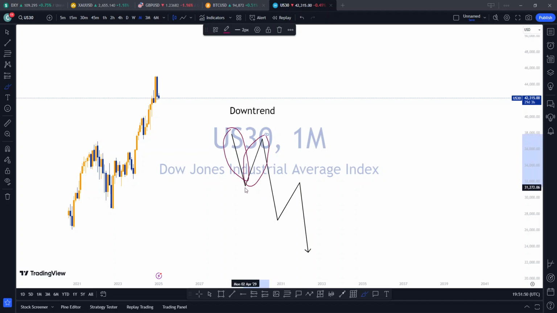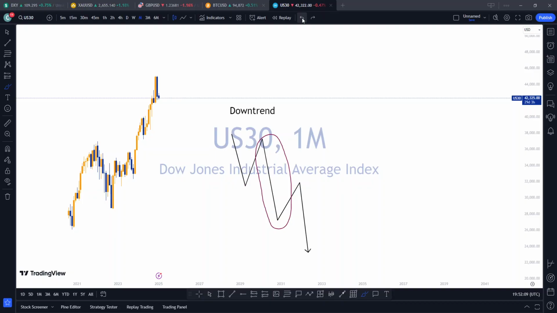We can see that this other impulsive move, which is this one right here, broke out of the previous low, which is this. And this is how you know the market structure. So let me write.